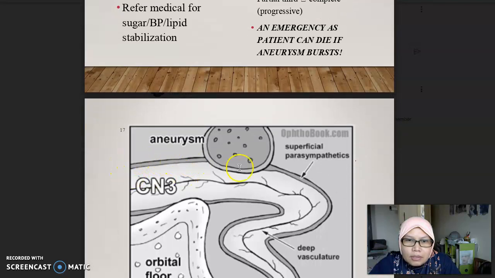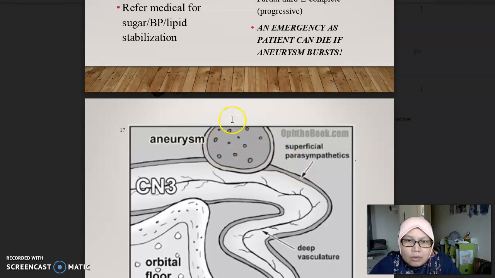This is the third cranial nerve, the oculomotor nerve. As you can see, the nerve fiber is inside. However, the parasympathetic fibers hitchhike on the third nerve and travel with it to the eye in a superficial manner.